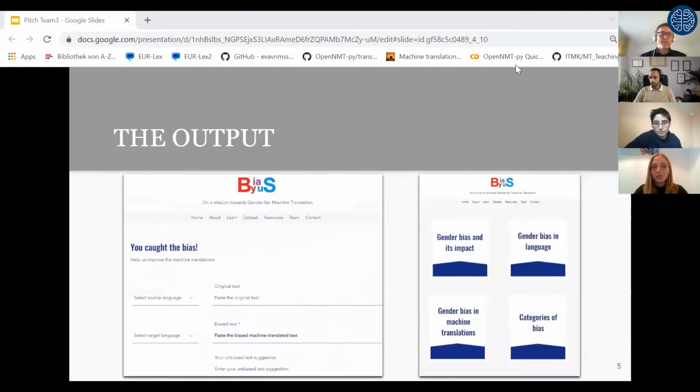And this is just a quick screenshot of our website that works. This is the platform that we created with information on biases in language, on biases in machine translation, and what impact this has. We also created different bias categories. On this platform, cases of bias in machine translation outputs can be shared, where users can collaboratively gather, describe, and discuss such cases of bias.